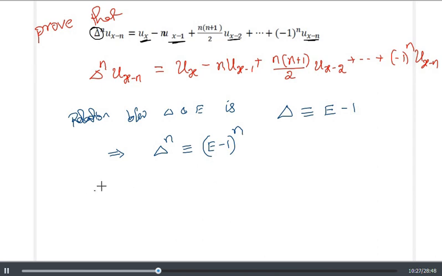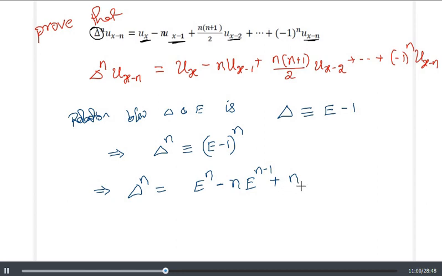Now this implies delta power n equals, now we know the binomial expansion. Binomial expansion of this term is nothing but, what is it? It is E power n, minus n choose 1, that is n into E power (n minus 1), plus, what is the next term we are going to get?